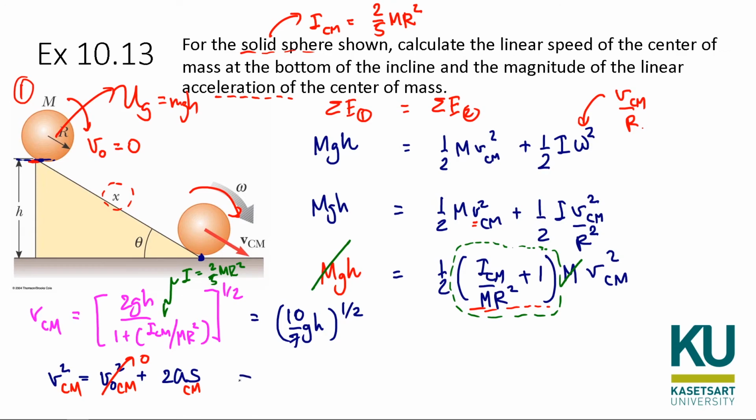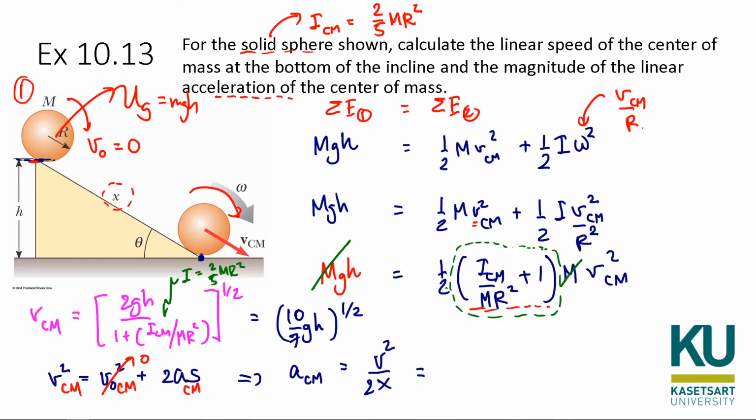So now you have a_cm equal to v squared over 2s. In this case it's x, because this distance is x.